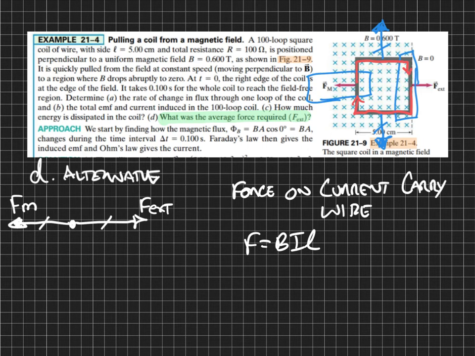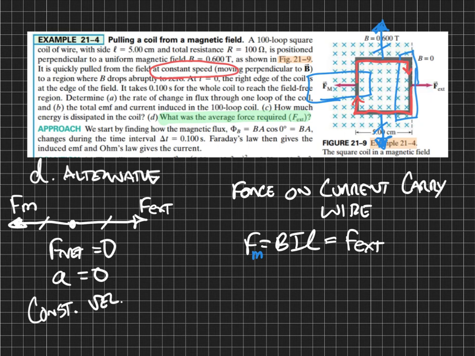So what we can say is that F magnetic, which is BIL, equals force external. And again, we know that because we're moving at a constant speed. So F net equals 0, acceleration equals 0, which produces a constant velocity. An object in motion stays in motion.